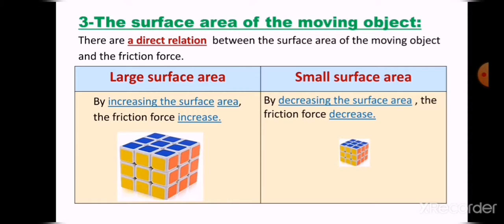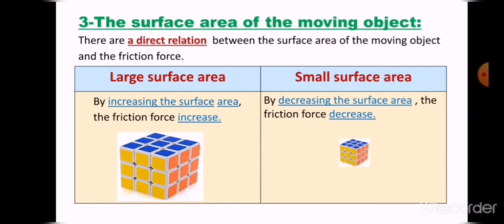Why? If you push this large cube on the desk, by increasing the surface area, the friction force increases because this is a large area, unlike the small cube. If you move two cubes, a large one and a small one, the large one, with the large surface area, has more friction force.